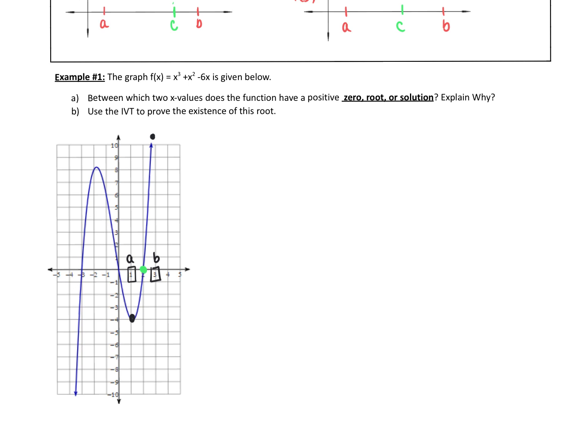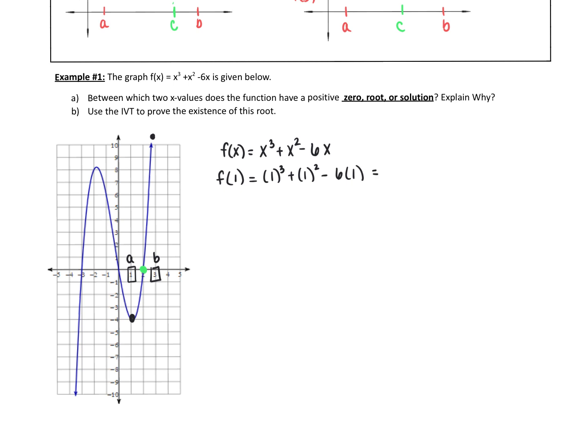So we know with the theorem we need f of a and f of b. So let's just start by rewriting the function. And f of a, or the a value is 1, we're going to calculate. So 1 to the third plus 1 squared minus 6 times 1.